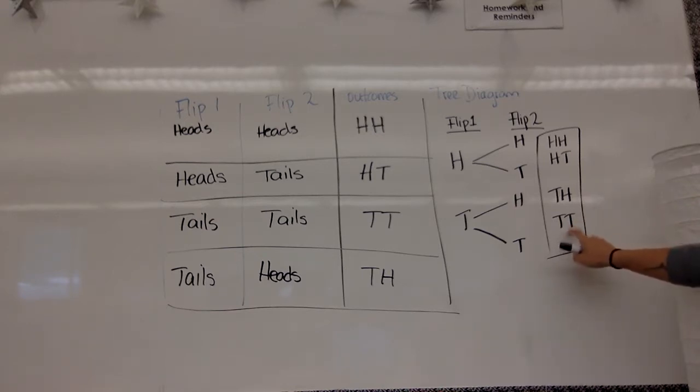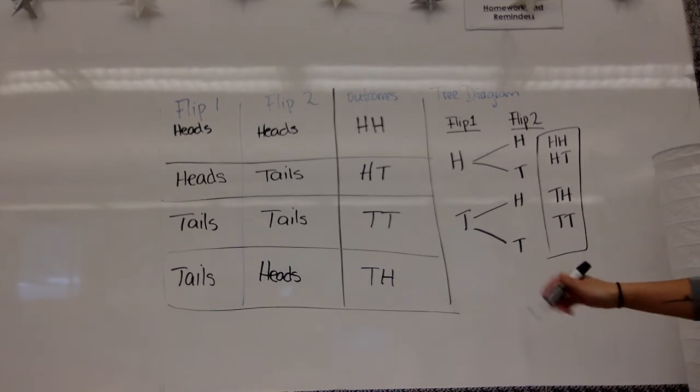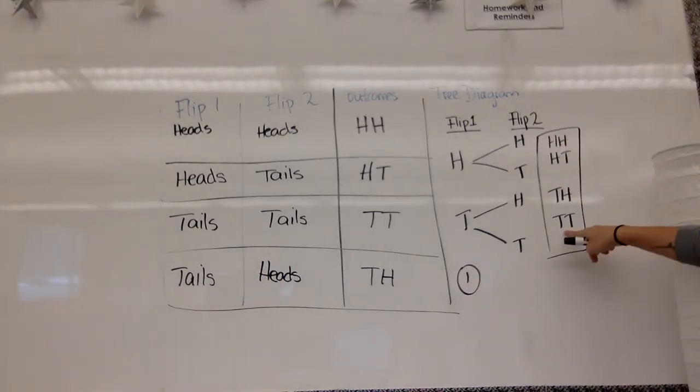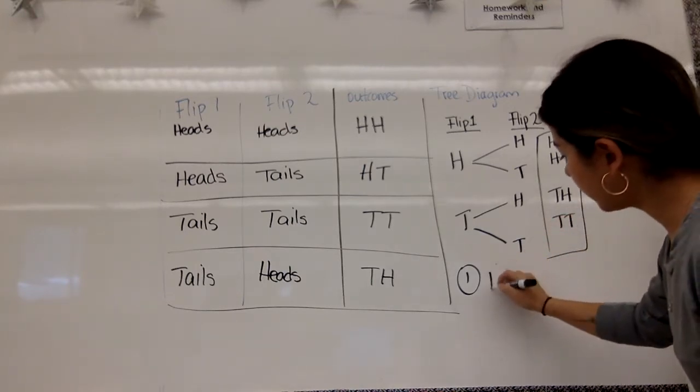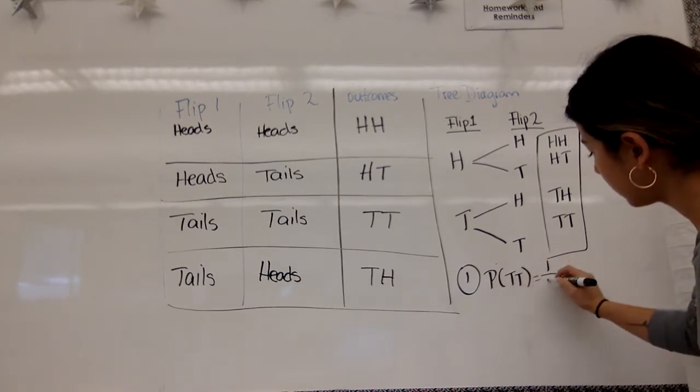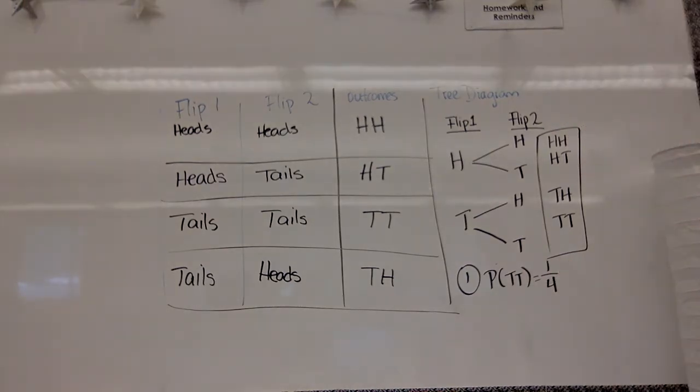There's only one time that occurs. So for number 1, there's one outcome out of how many? There's 4 outcomes. So the probability of getting tail, tail is 1/4. Okay, because there's only one time it occurs.